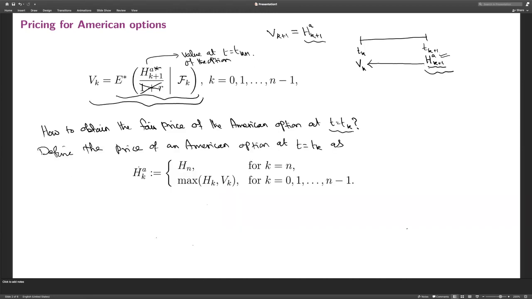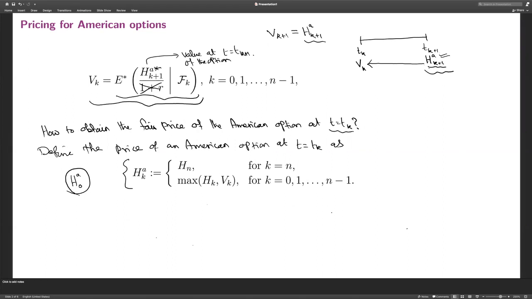In fact, with a no arbitrage argument, you can prove that this is the fair price that one can pay for the option at every time level t_k. In particular, you can obtain the fair price for the option at the time level t equal to 0, which is the ultimate purpose of this model.